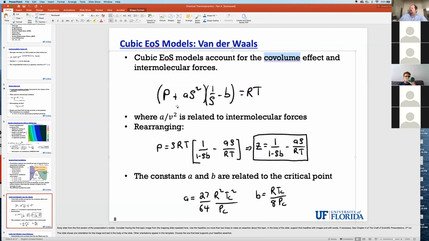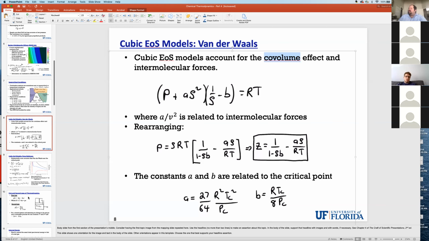And notice if you set A equal to 0 for van der Waals, you get Noble-Abel. In theory, you can relate the constants A and B to the temperature T_c at the critical point and the pressure at the critical point, and that's based on basic theory.